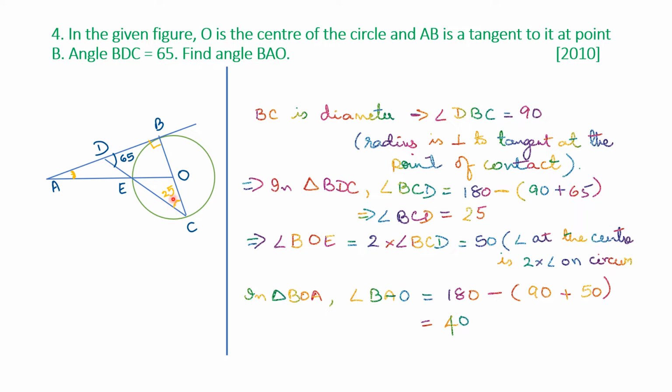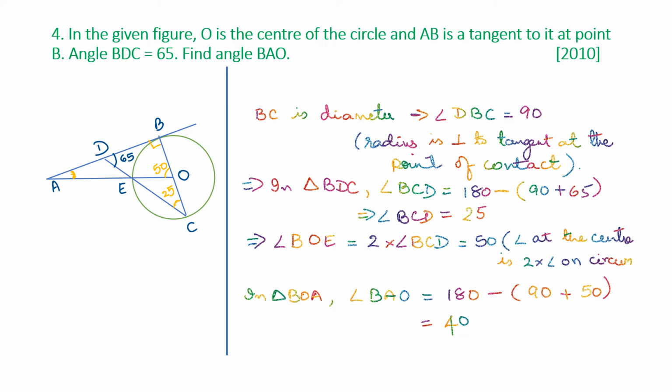Because this is 25, you see this angle, the endpoints are B and D. In the same way, the endpoints are also B and E. So with the same endpoints B and E, at the center, this is going to be 2 times 25, that is equal to 50.